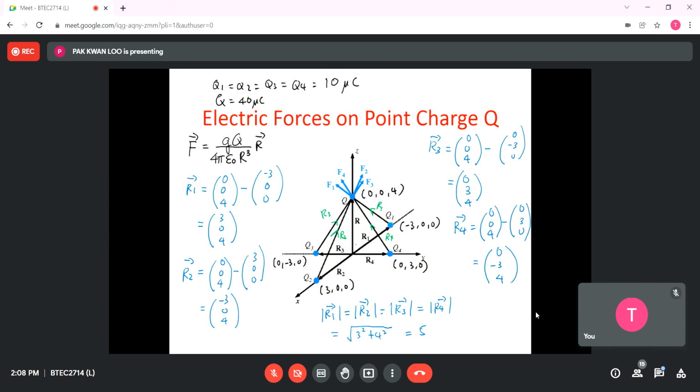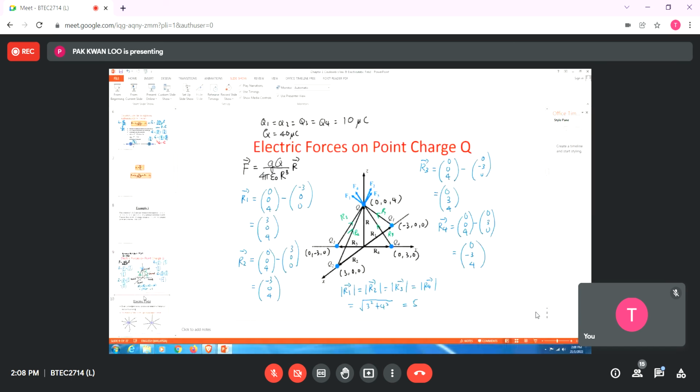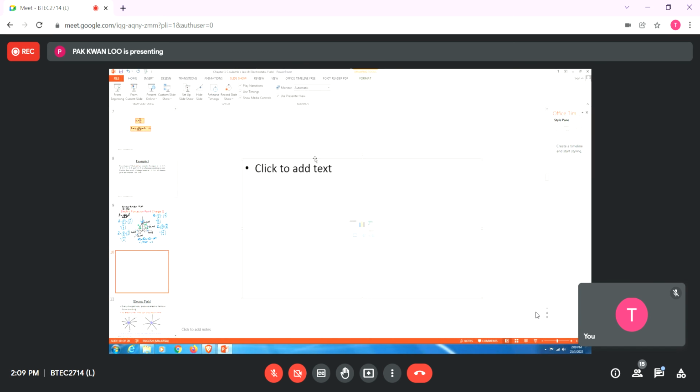So now we establish the force. F1 refers to the force exerted by Q1 on Q. It is 10 times 10 to the power of negative 6 coulomb times 40 microcoulomb, divided by 4 pi epsilon naught, where epsilon naught is 1 over 36 pi times 10 to the power of negative 9, times R1 cubed.